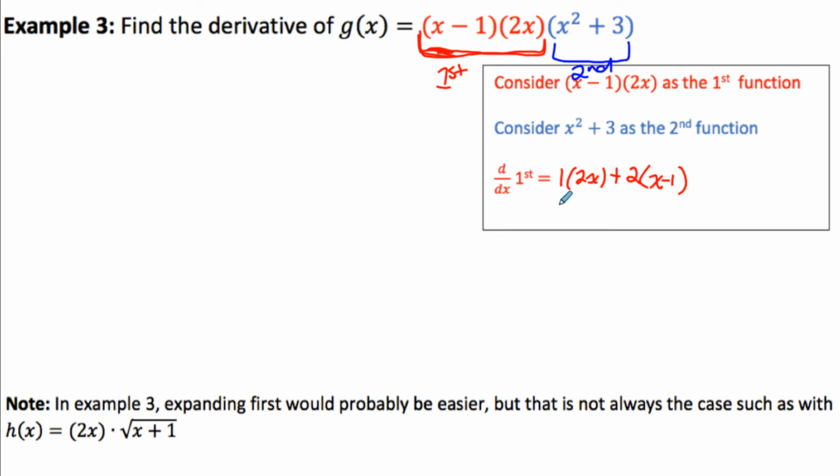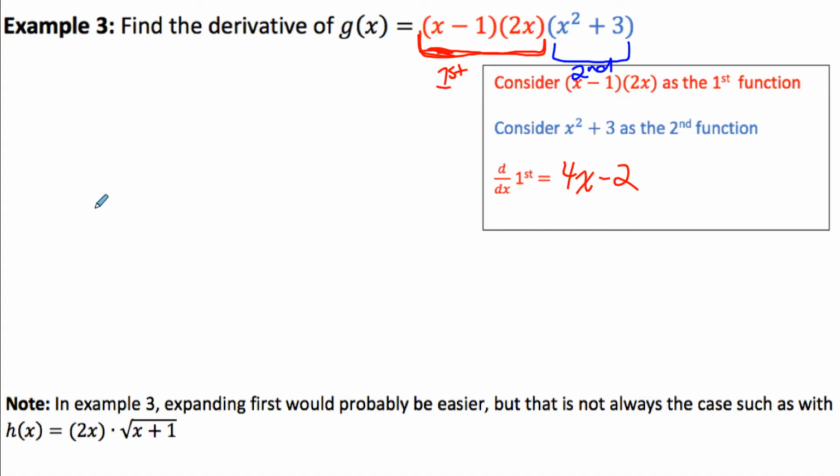And then that could be simplified: 2x plus 2x minus 2, which equals 4x minus 2. I'm going to erase this to make it neater and put the 4x minus 2 up there. So we figured out the derivative of that first function is 4x minus 2.